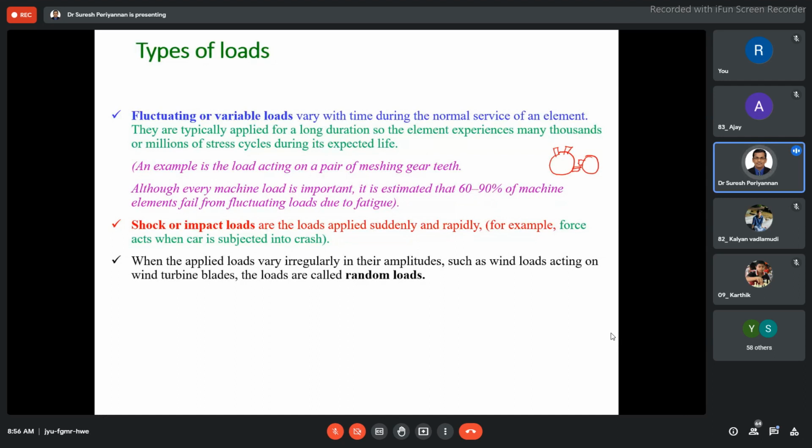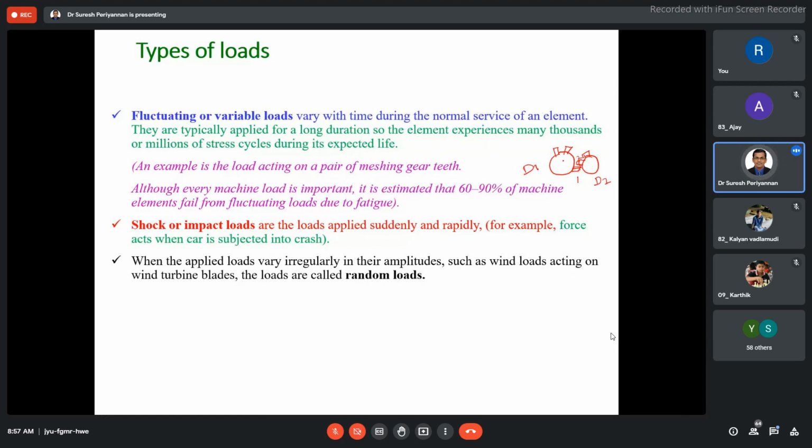Here, this is the driven gear D1 and this is the driving gear D2. This is tooth 1, this is tooth 2, and this is tooth 3. Tooth 1 is engaged with tooth 2 of the D2 side.